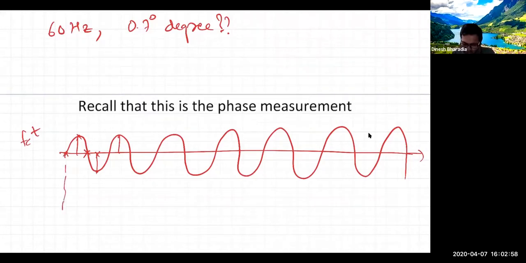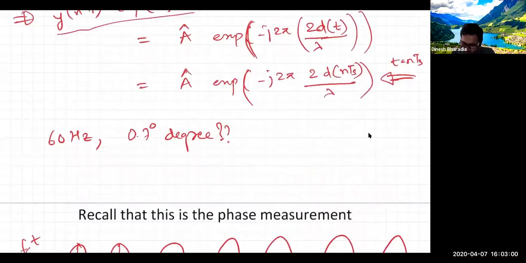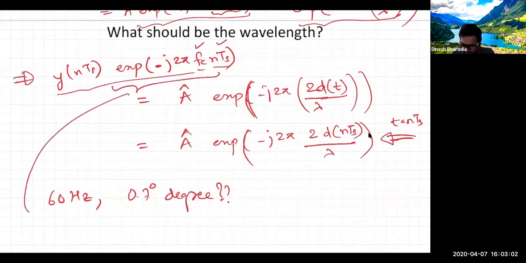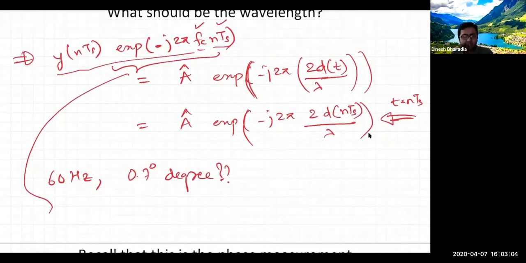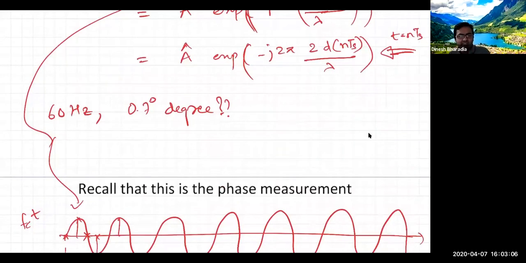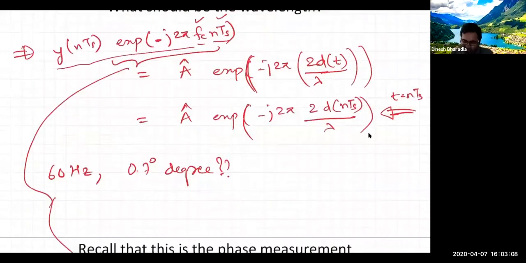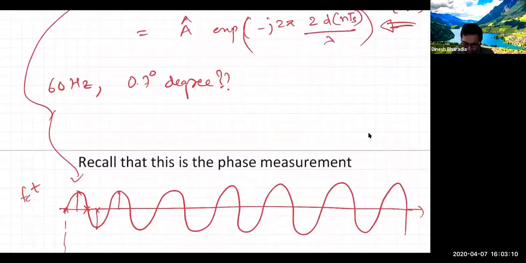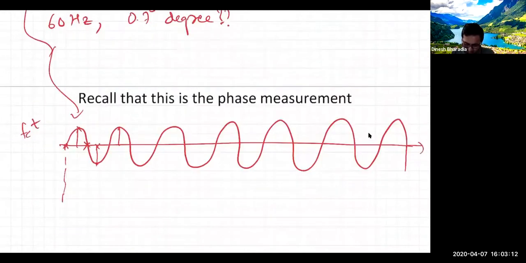This part of the signal is what I'm drawing here. Now let me draw y of t as well. Sorry, hold on. Negative FC of nTs, and now the exponent of that.